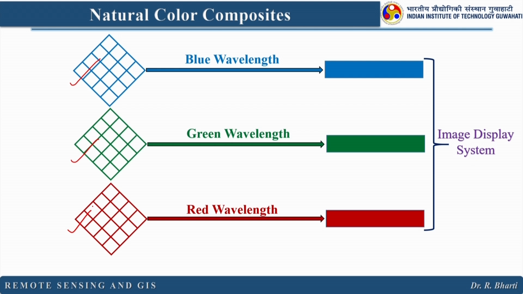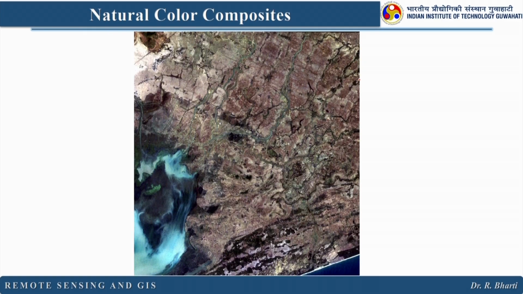So, here basically we are assigning same color to the same wavelength. That is why it is known as natural color composite. So, if you see this image, it is very similar to how they appear on the ground with our eyes, right.